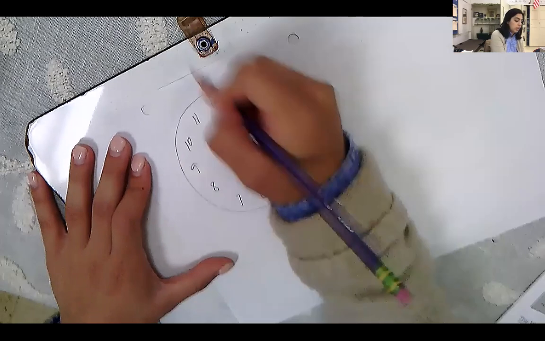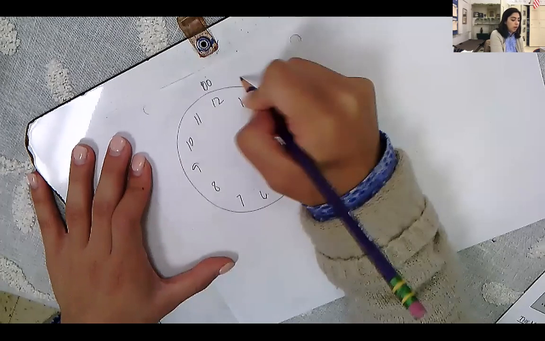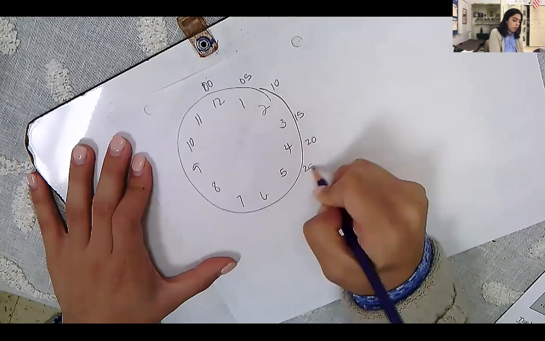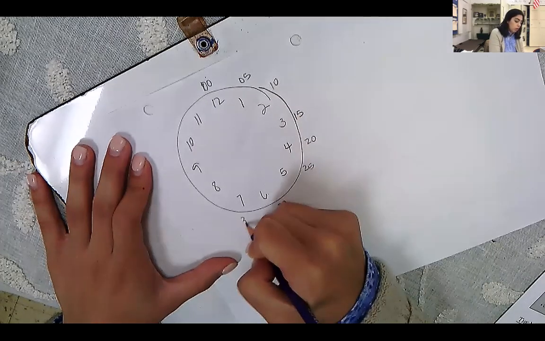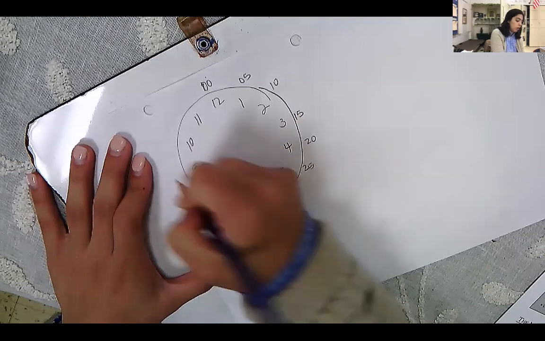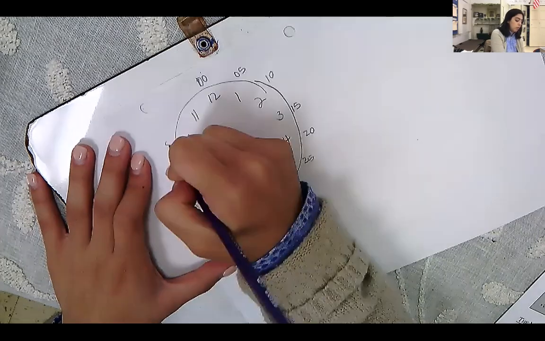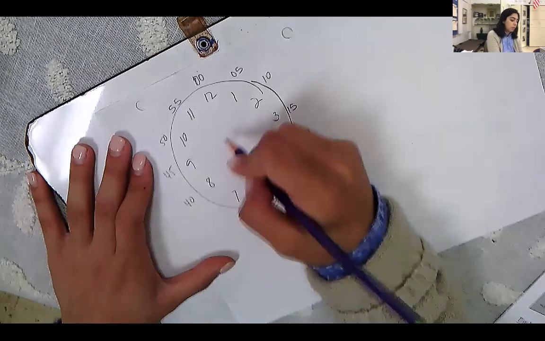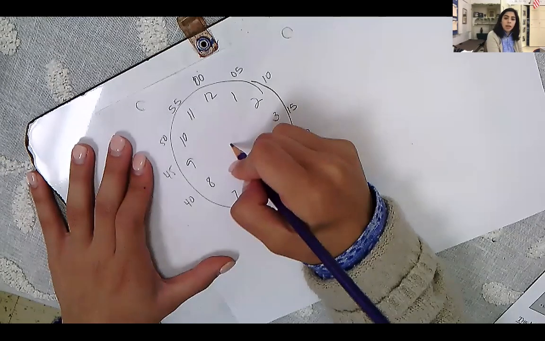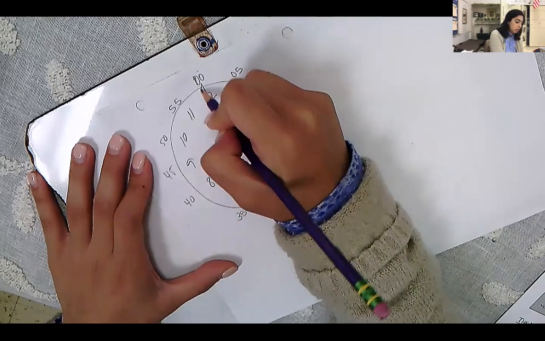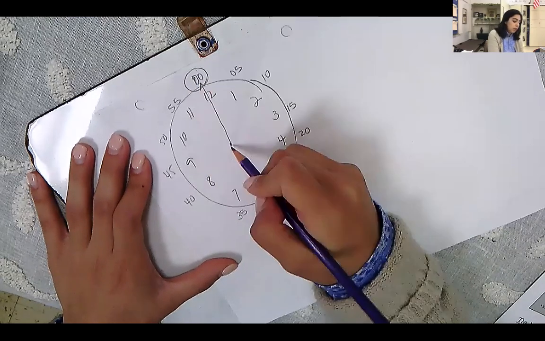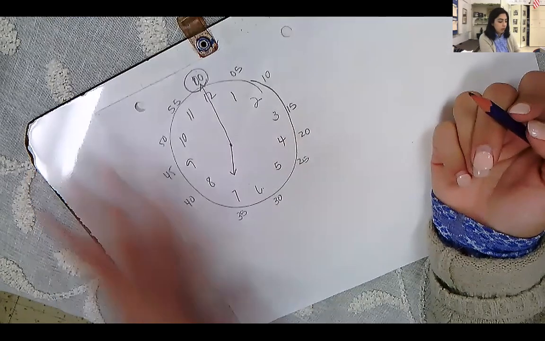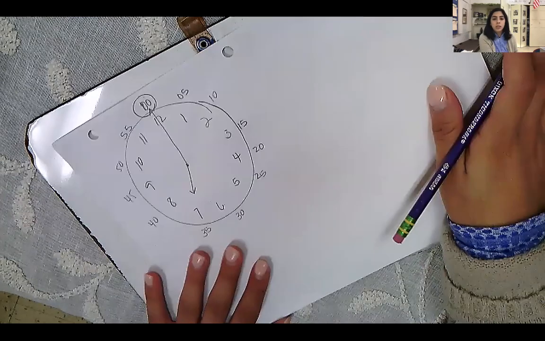Let's fill out the outside. 0, 5, 10, 15, 20, 25, 30, 35, 40, 45, 50, and 55, 60. I said it was 7 o'clock. So my big hand, my minute hand, is pointing to the zero. And my little hand is pointing to the hour. Okay. Need more time, pause.